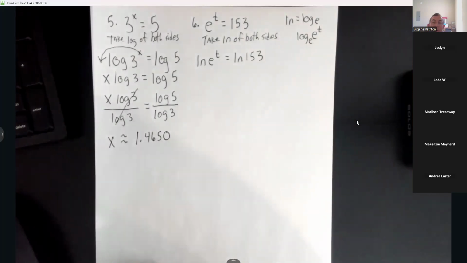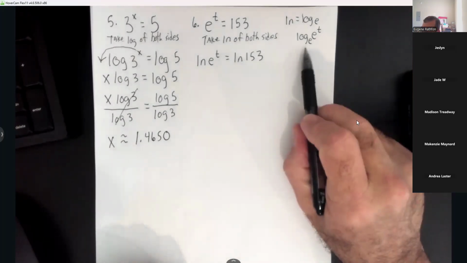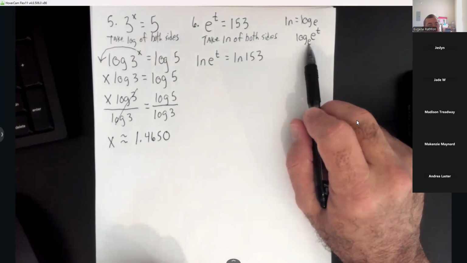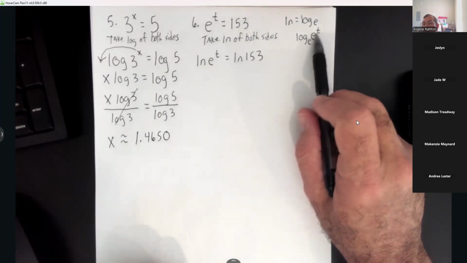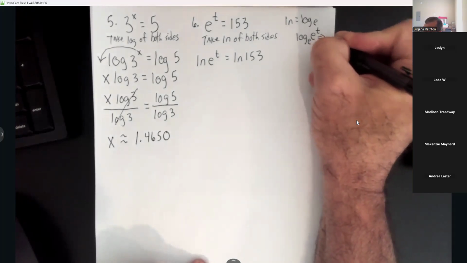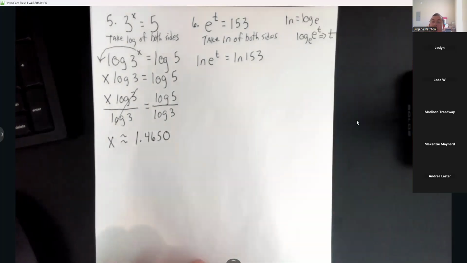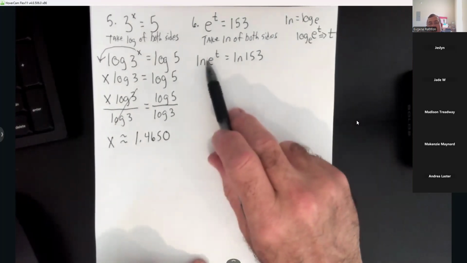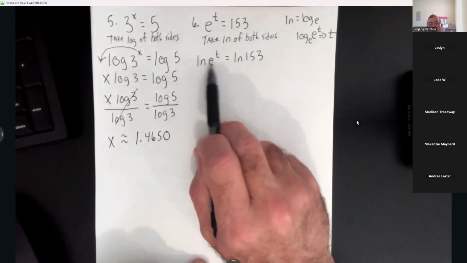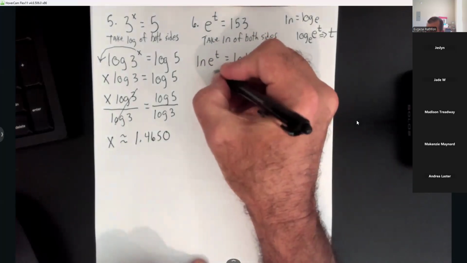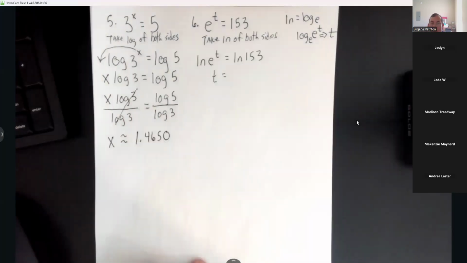And y'all, I had a property last week that said if I had a log of a base, that base raised to an exponent, this whole thing equaled the exponent. That's what's nice about the LNs. When you take an ln of E to an exponent, in the long run, this side equals the exponent.